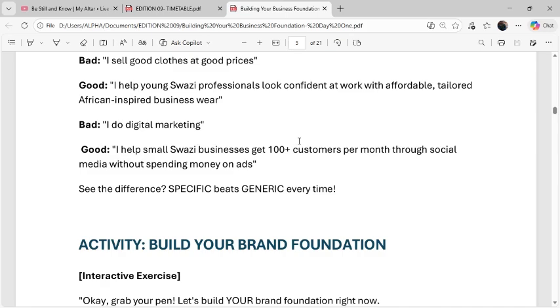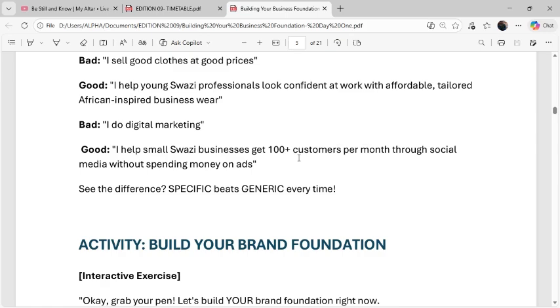So if I'm going to promise you that you are going to get 100 plus, already the person is calculating that if I can just get 100 customers, each paying 300, I'm going to be able to make what? 30,000. That is very good. You see, the person is calculating, what am I going to benefit from this thing?